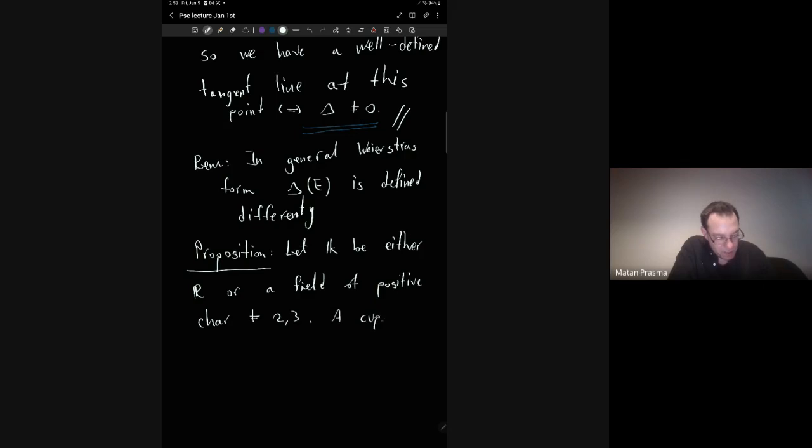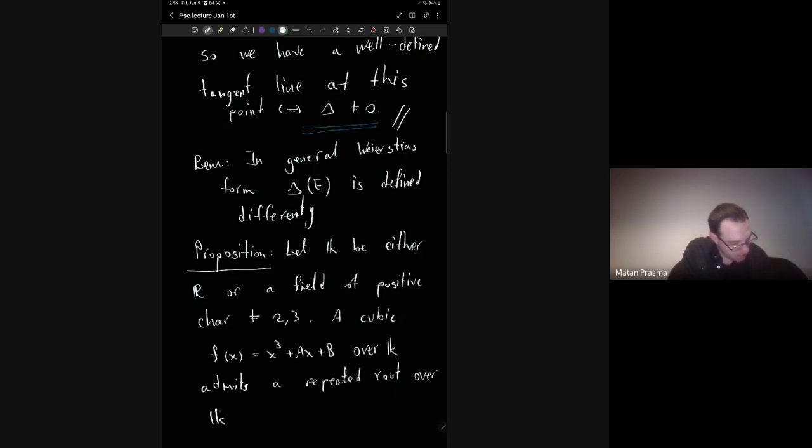A cubic f(x) equals x cubed plus ax plus b over K admits a repeated root over K bar if and only if the discriminant is zero.